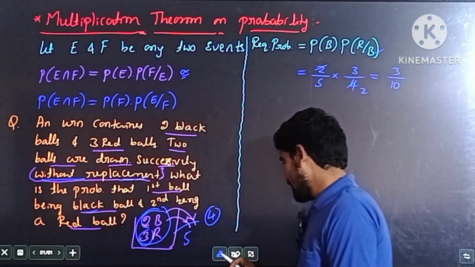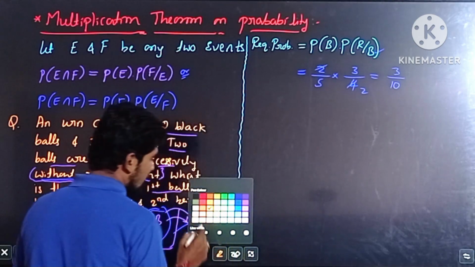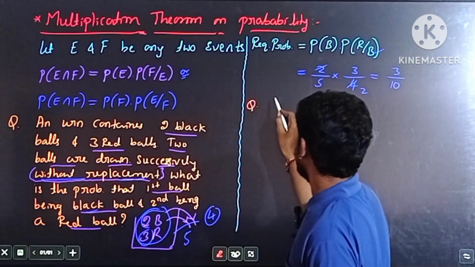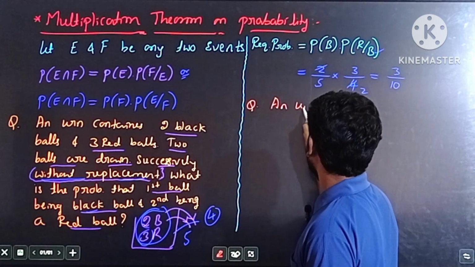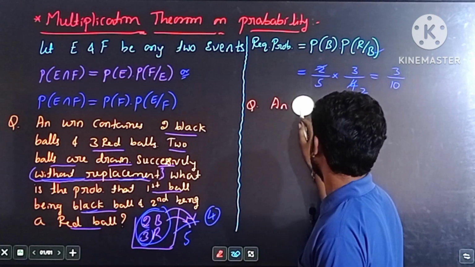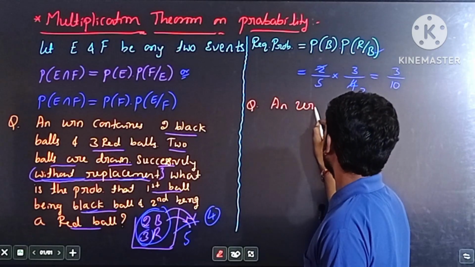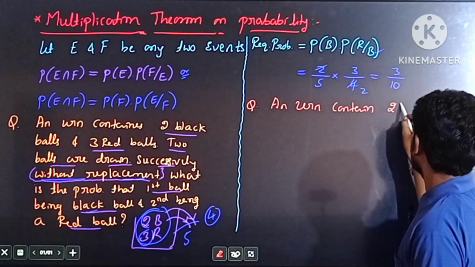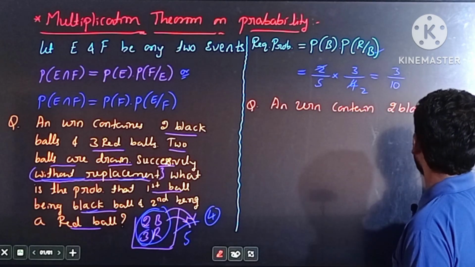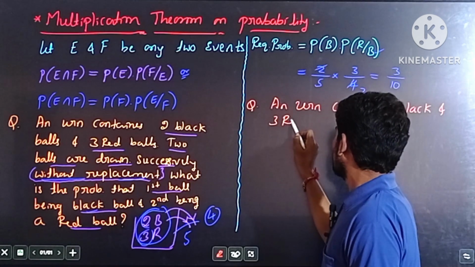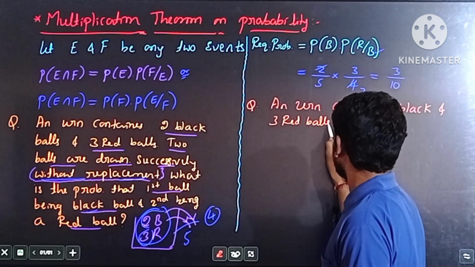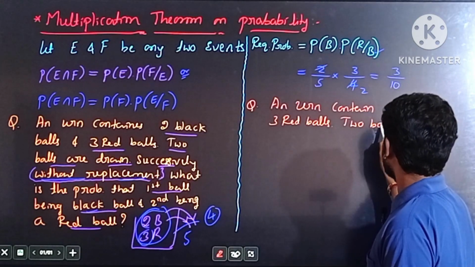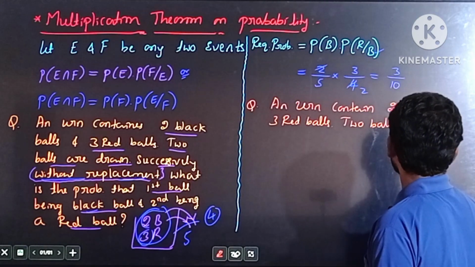So let us consider one more example to understand this. So now the second question. Same question. Suppose an urn contains two black balls and three red balls, and the experiment is two balls are drawn.